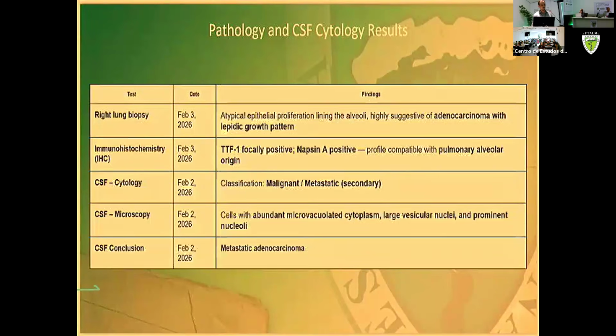The immunohistochemistry was TTF1 positive and Napsin A positive, compatible with a pulmonary alveolar origin. We see now the new CSF cytology was malignant for metastasis, and the conclusion was a metastatic adenocarcinoma.